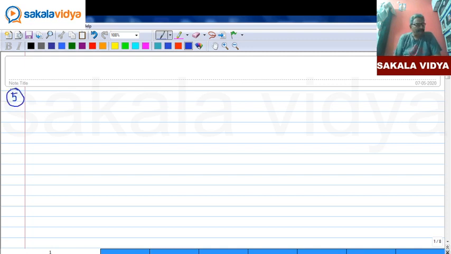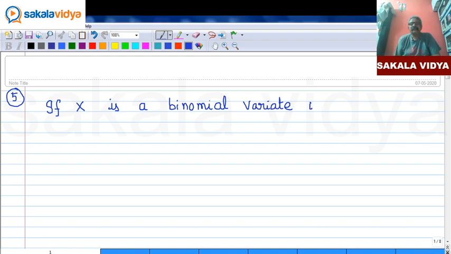Fifth one. If capital X is a binomial variate with mathematical expectation E of X, mathematical expectation means, don't get any confusion, that is mean. Mean equals 5 and variance 4.